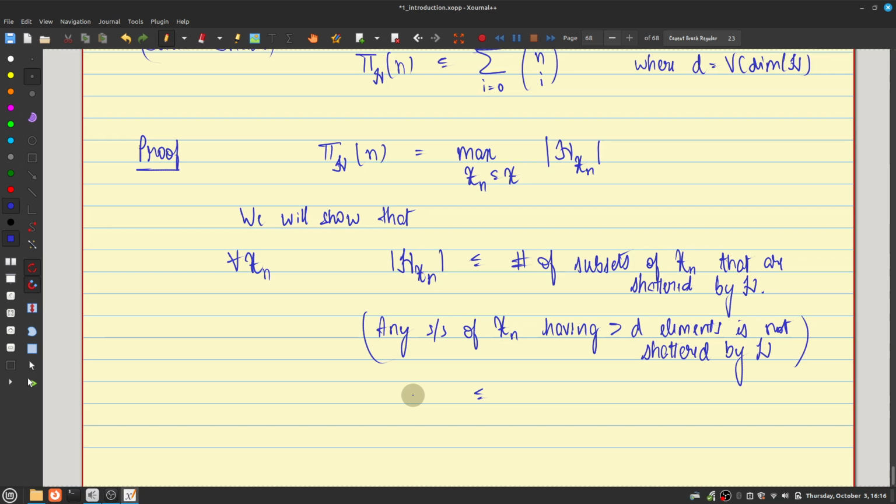So one thing to note, just remember that the VC dimension is the size of the largest subset of X which is shattered by H. It doesn't mean that all subsets of size D are shattered by H. Right? So in particular, for a certain xn, the number of subsets of xn that are shattered by H could be much smaller than this particular quantity.